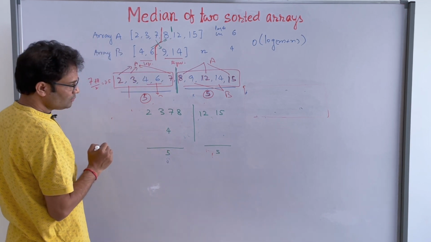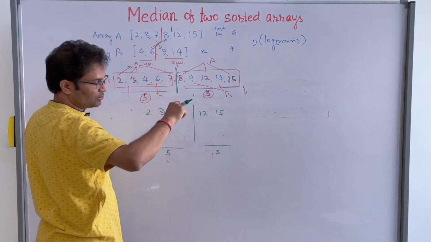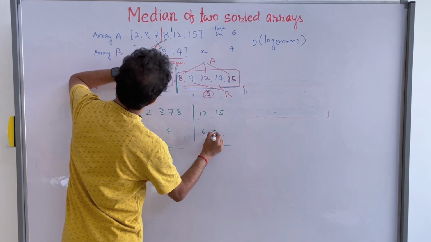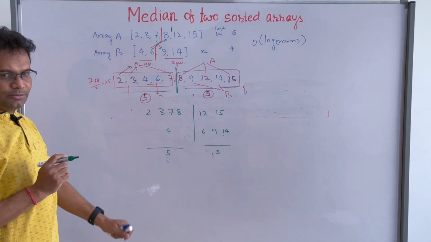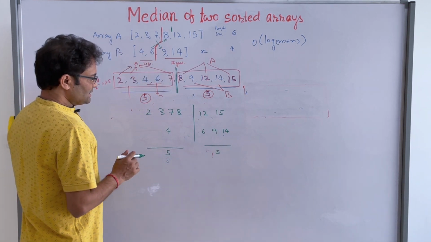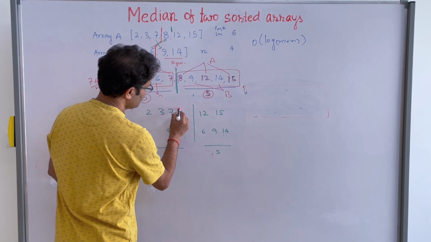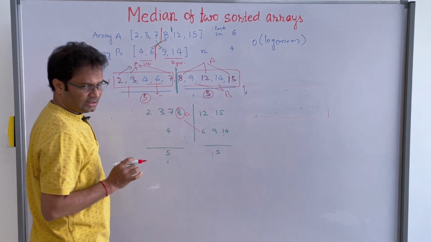4. The same way you have the 12 and 15 on the upside, so on the downside you have to take 3. So you can take the 6, 9 and 4. Right? This is one possibility. Suppose it is not working, because what we have to check is that this element must be lesser than or equal to this element, and you can see it is not working.